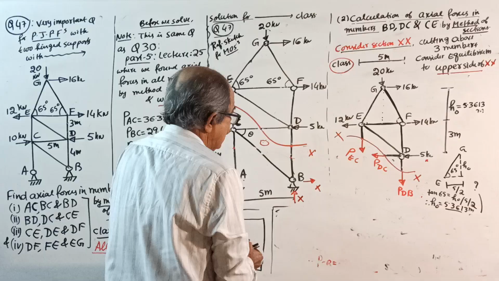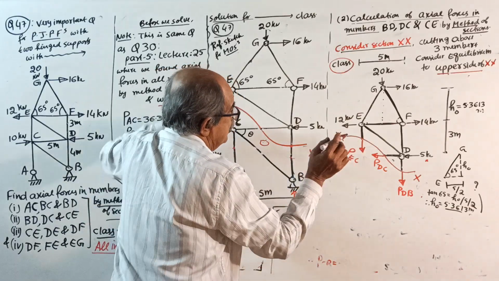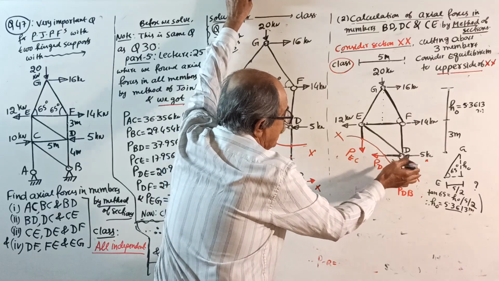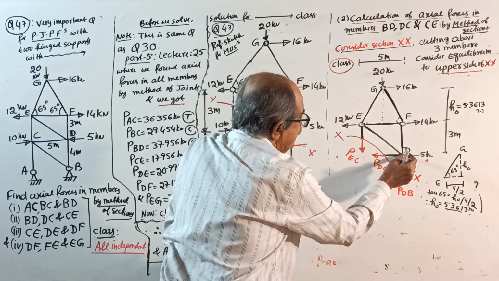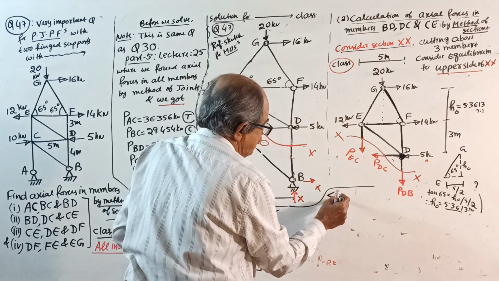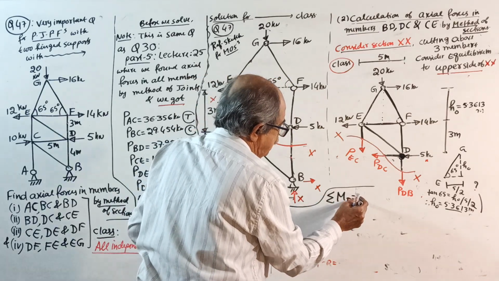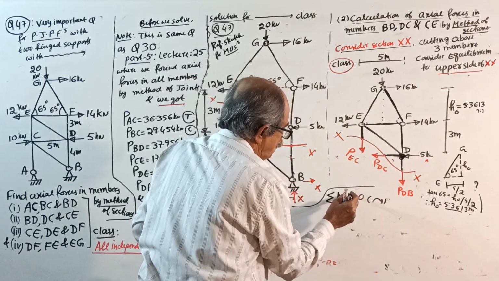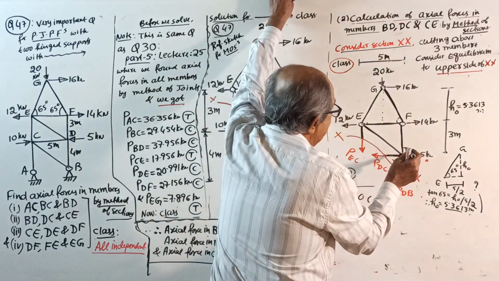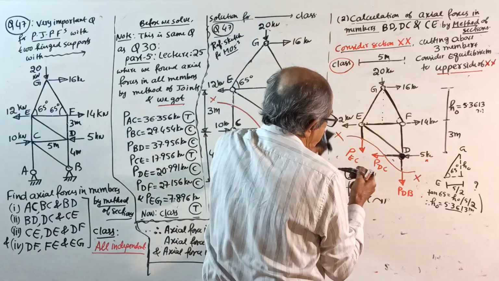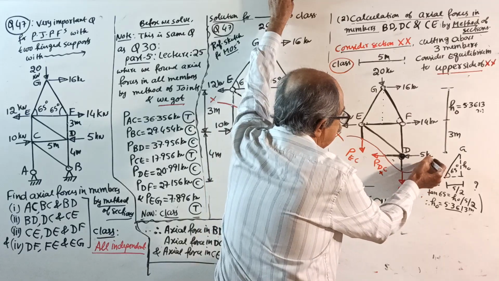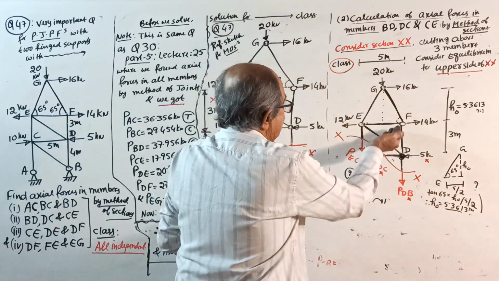Okay, start. Take moment about which point? Among the 3 unknowns, 2 unknowns are passing through which point? D. So sigma M about D equal to 0, take clockwise positive. Why D? You write the reason. When you take moment about D, P_DB into 0, P_DC into 0, so start here.